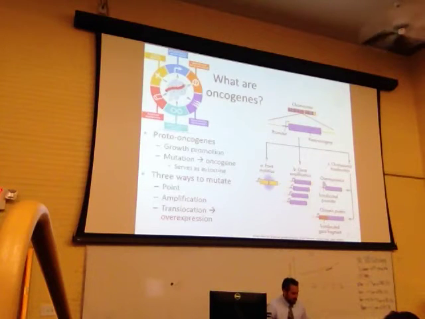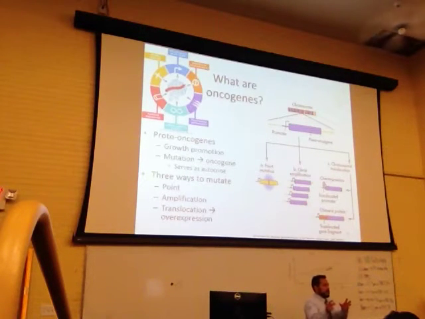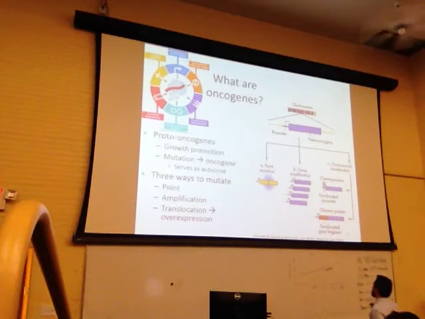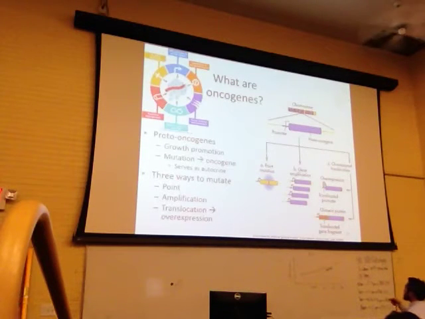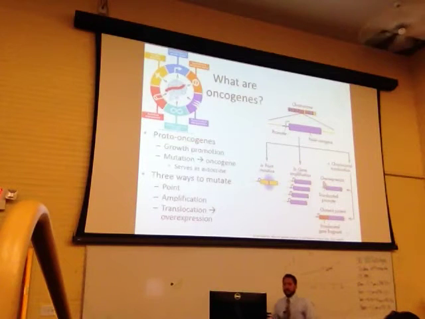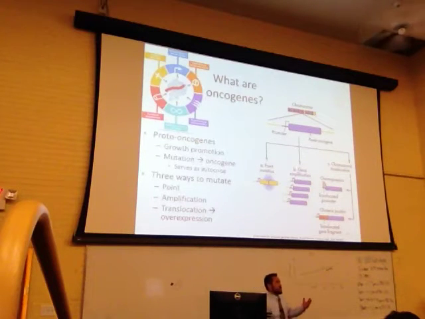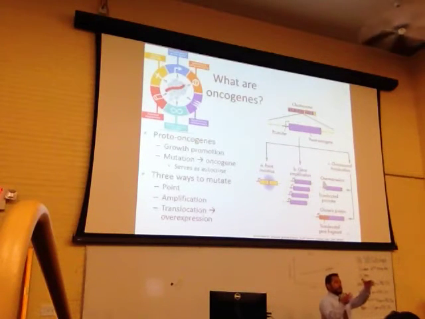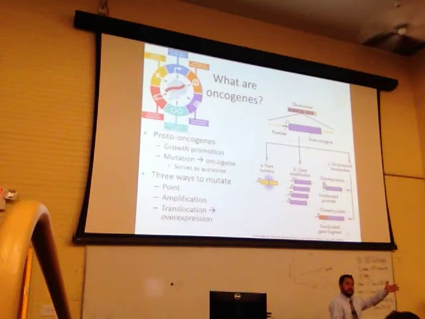This is a chromosomal abnormality where you get a movement of a promoter region. So you get a promoter that moves to a spot where it's not supposed to be, and then you get overexpression of that particular gene.